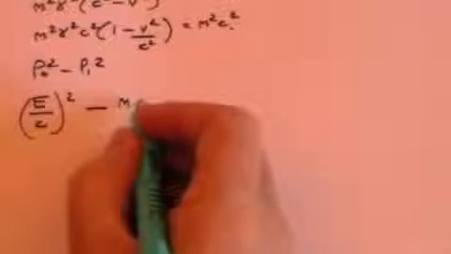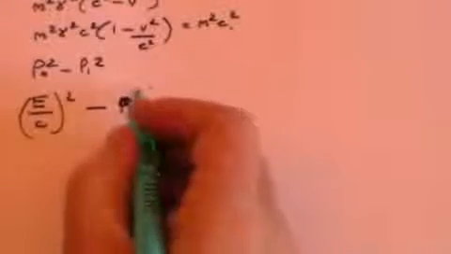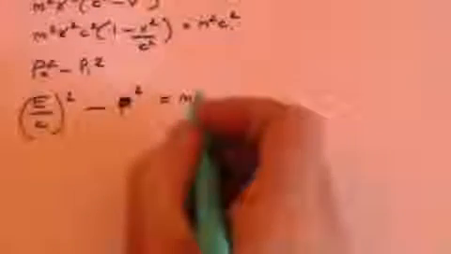But let's look at this in more detail. What is p0 squared minus p1 squared? Well, p0 squared is energy divided by c, all squared. And p1 squared is momentum, little p squared. And that equals m squared c squared, because we just calculated that.